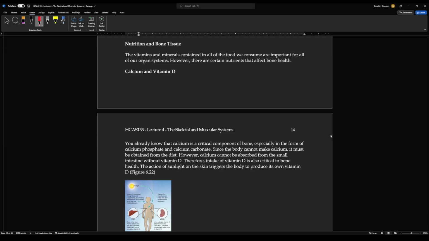But the primary way we get vitamin D is from sunlight. Calling it a vitamin is not wrong, but vitamin D really needs to be thought of as something closer to a hormone on its own.